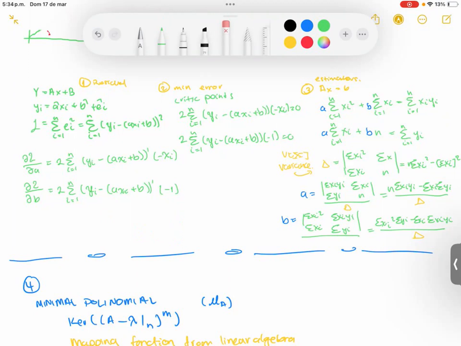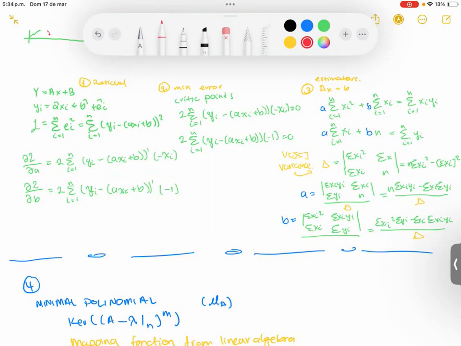Basically, this is done by taking the derivative of the loss function with respect to A. We get this equation here, which is 2, and as you can see, the 2 goes in here and the multiplication of x comes out of it, and that gives us the current value of this equation.